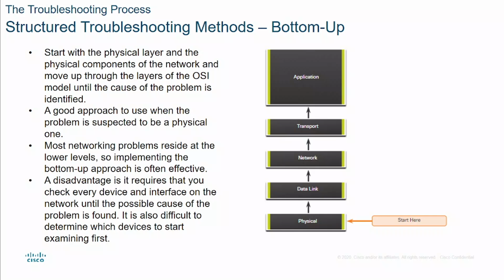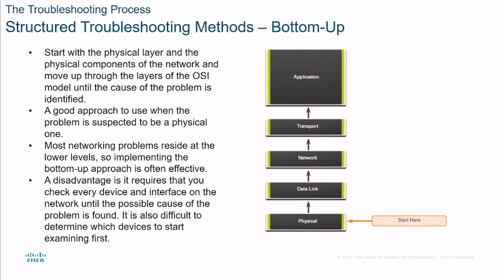A good approach to use when the problem is suspected to be a physical one is starting from the physical. Check the cables, check the ports, check if they are connected properly, check the interfaces, check if power is on, and check if the cable is capable of transmitting signals.